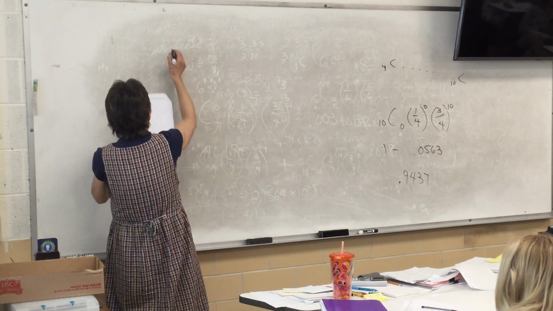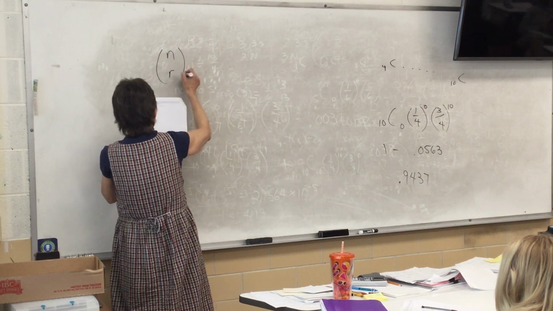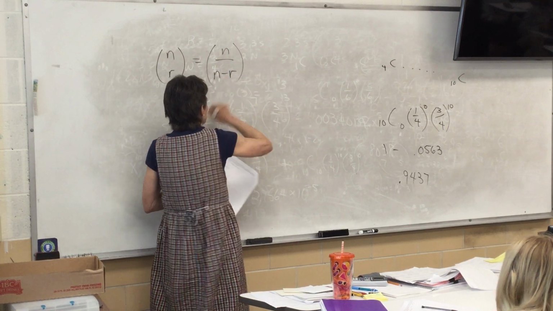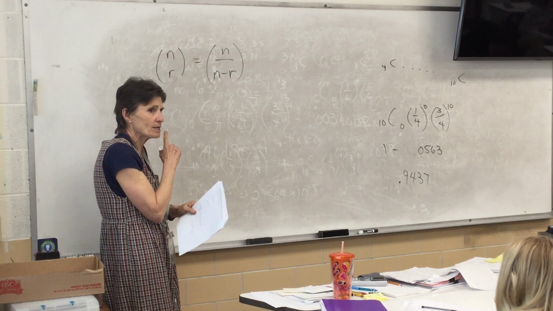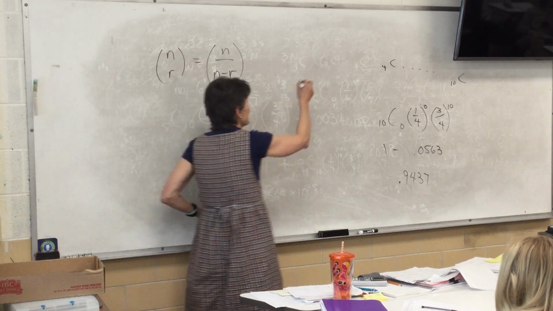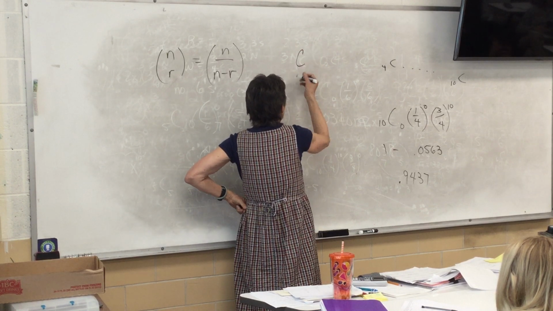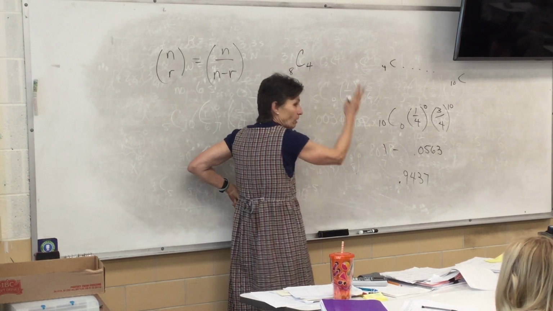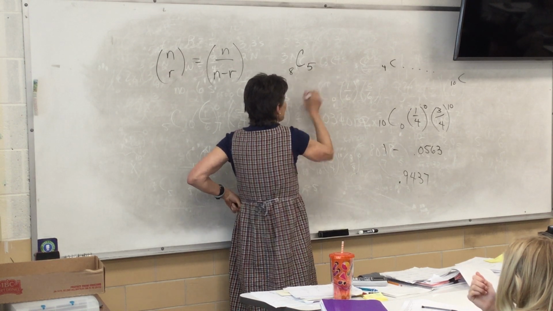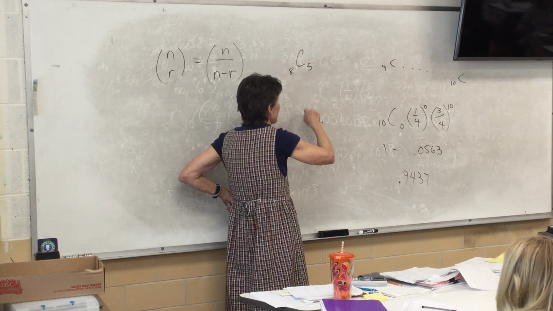Okay, show this is true. Now, I can't remember if I talked to you about this the other day. Did I use that notation the other day at all? No, okay. But we did use this notation. So if we had 8C5, we've been using that notation all day.